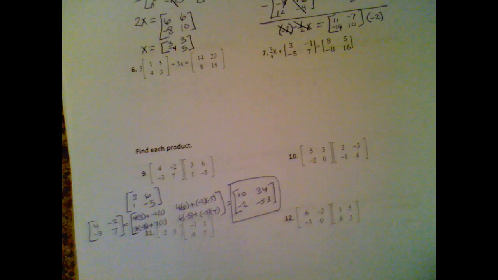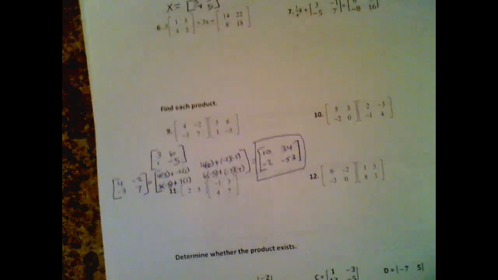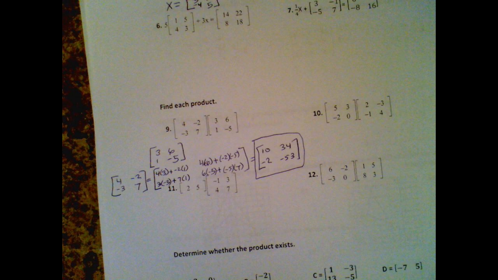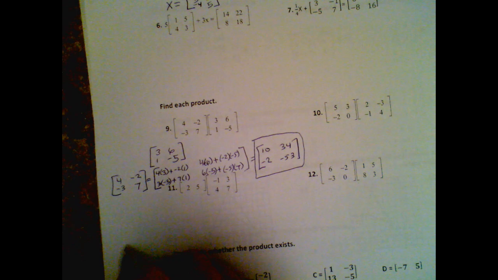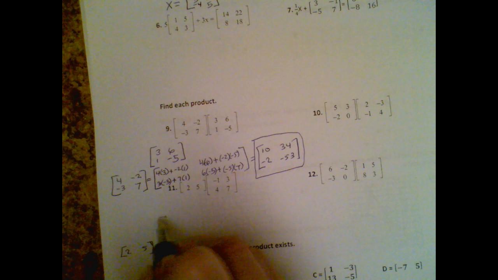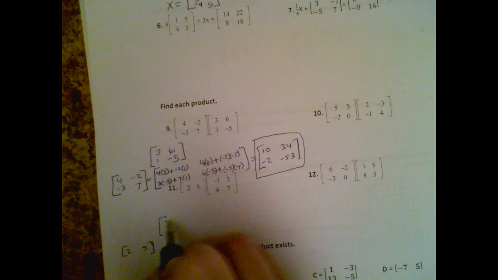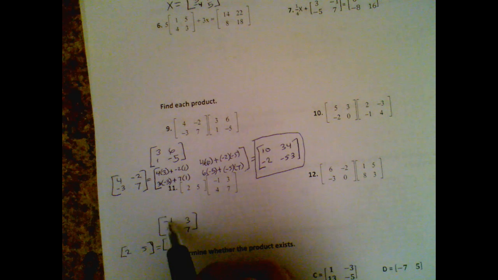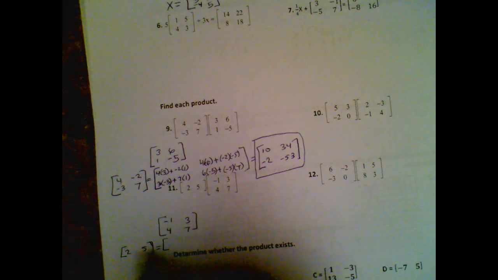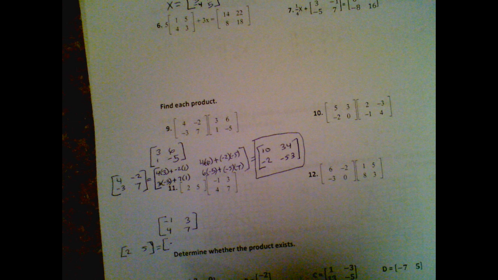Alrighty, let's do one more of these multiplication ones. Let's take a look at number 11 when the dimensions are not the same. So if we do this first matrix down here, and the second matrix up here, then this first column and this row are going to line up here.